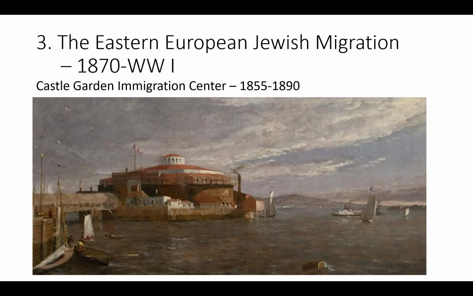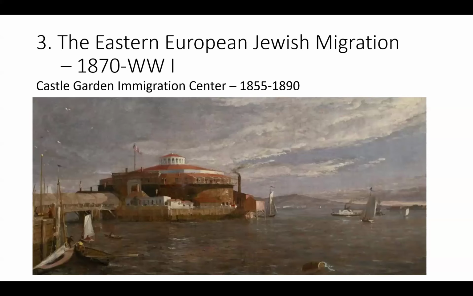Beginning in 1870, large numbers of Eastern European Jews were fleeing religious persecution in Russia, pogroms, and a Russification process in Russia. Turn them into Russians, stop speaking Yiddish, start learning Russian. Same thing in Austria. And so more and more of the Orthodox Jews started coming to New York.